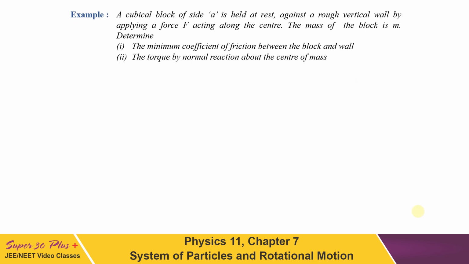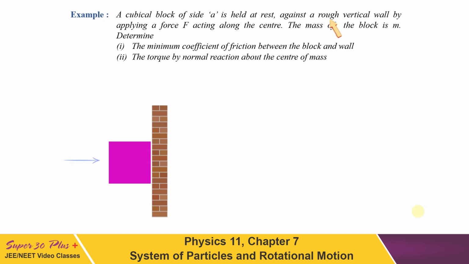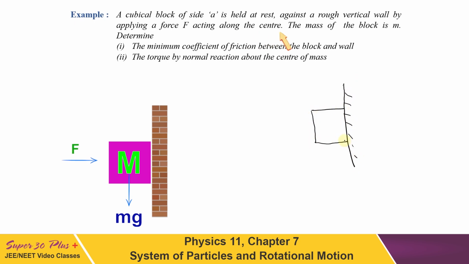So let us see this. A cubical block of side A is held at rest against a rough vertical wall by applying a force F acting along the center. One block we have to draw against the wall, and F has to be applied like this. Of course, weight will be there passing through the center in a vertically downward direction.